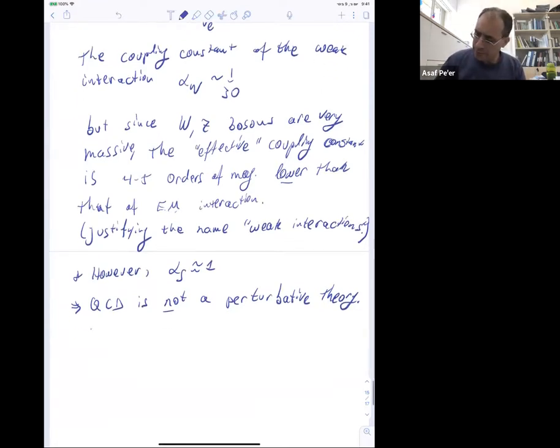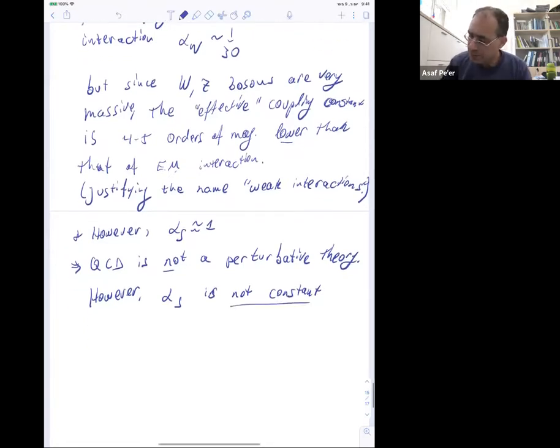So we write it down. However, as it turns out, alpha strong is not constant really, but gets smaller with energy.